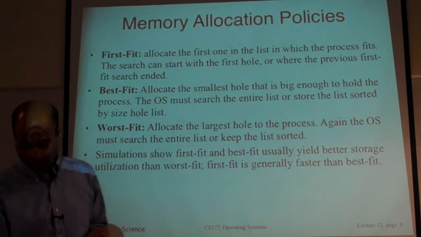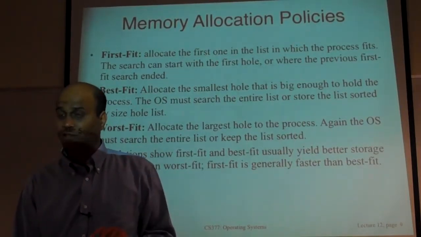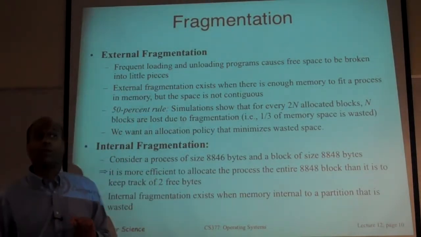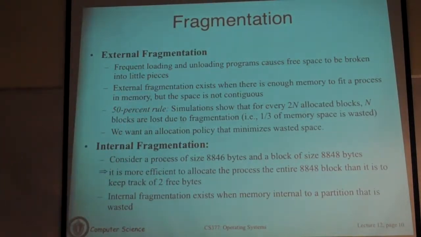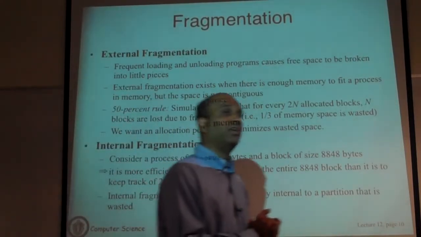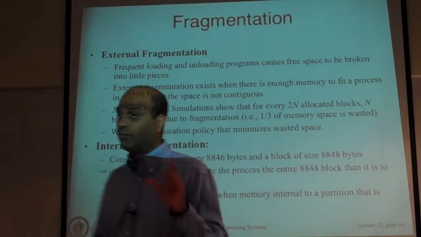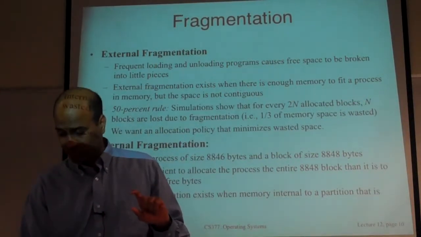Now, these are three policies, and let's ask the question that was actually being asked: what do these policies give us, and how do they perform overall? To understand that, we have to understand a concept called fragmentation. Fragmentation basically says how fragmented your memory is in terms of holes.